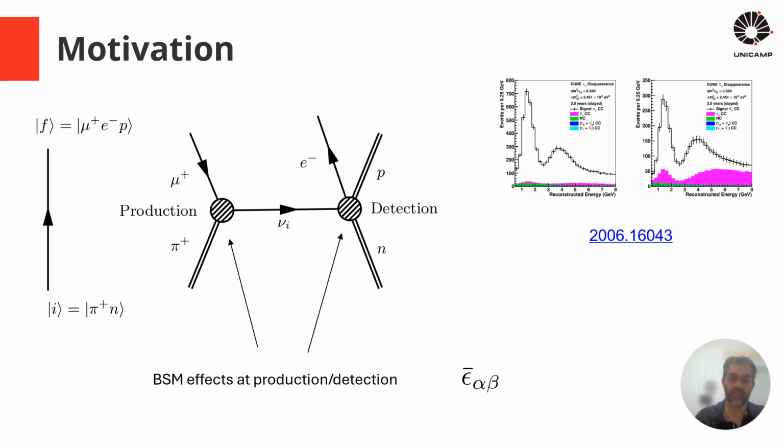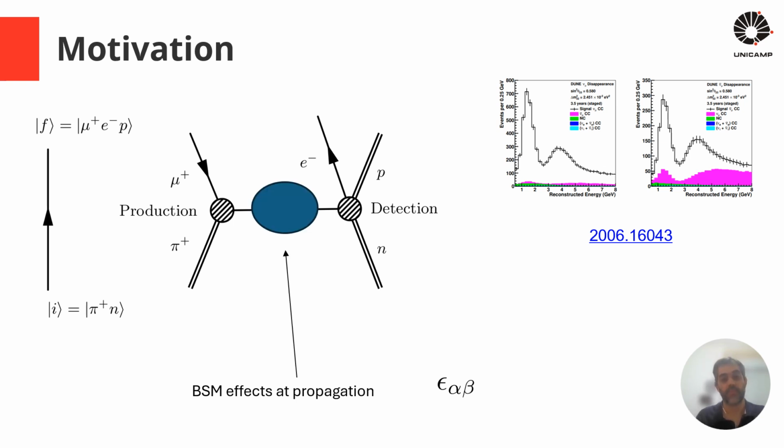But you can also have NSIs at propagation, because in DUNE you have a very long baseline, so neutrinos can interact with matter, and in principle can also interact with other BSM particles. These are the neutral current NSIs, and here, as standard, I'll just use epsilon for them. If they are there, they will also modify the neutrino event rates that you see at the far detector.